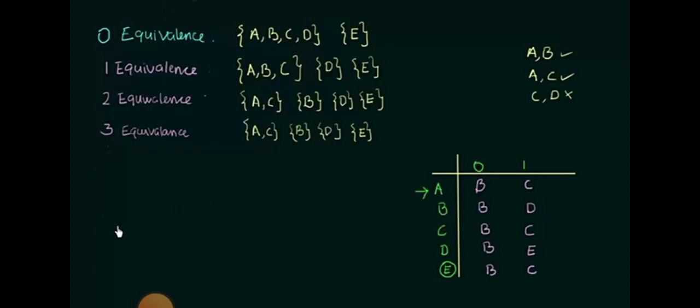Let me draw the state transition diagram. A and C combine as a single state, the initial state. B is another state. D is another state also. And the last is E, the final state.